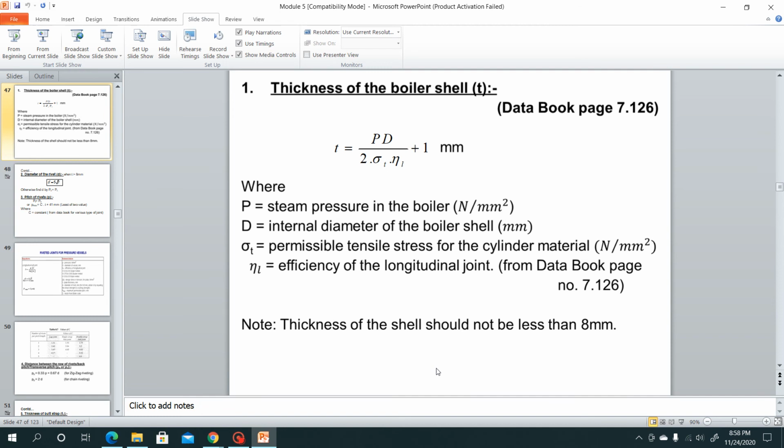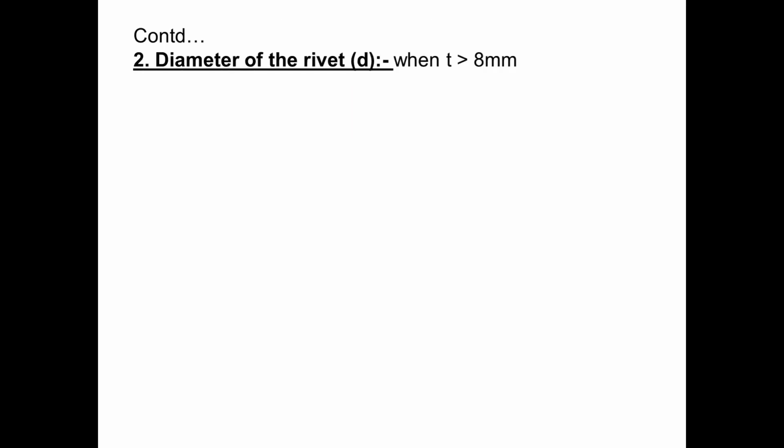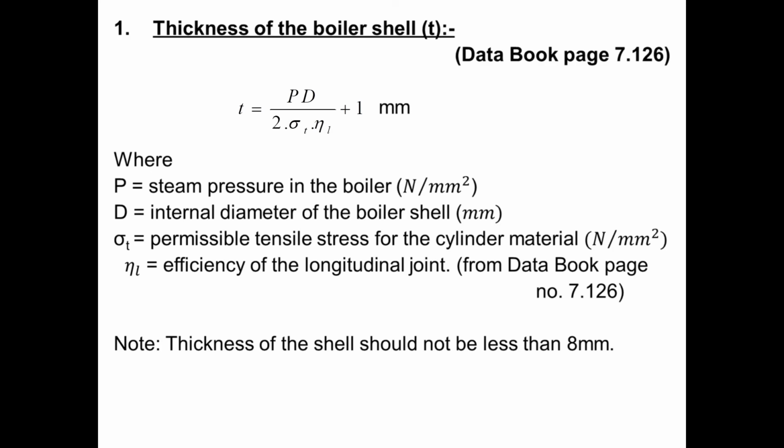Normally, by using this expression, you should get the thickness of the shell less than 8 mm. Less than 8 mm. Okay, but if the thickness of the shell is more than 8 mm, then what will we do?